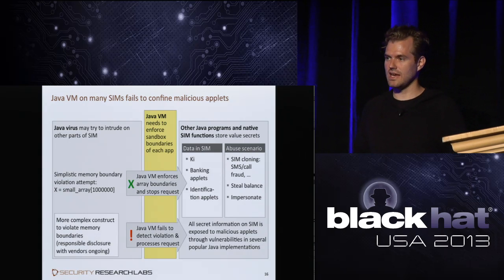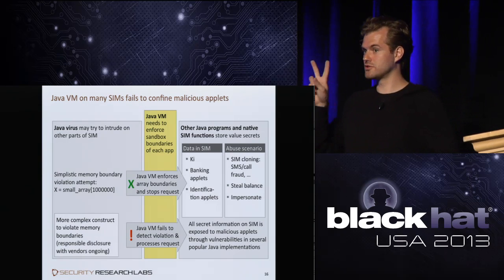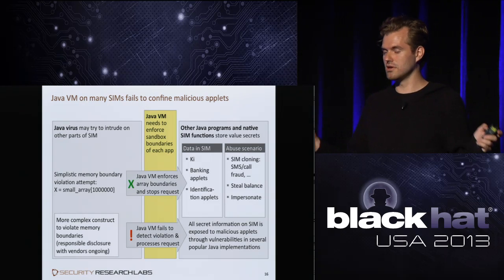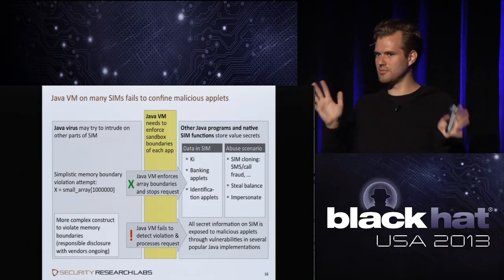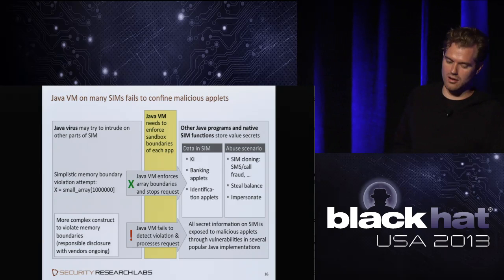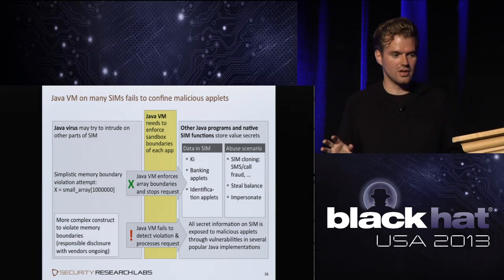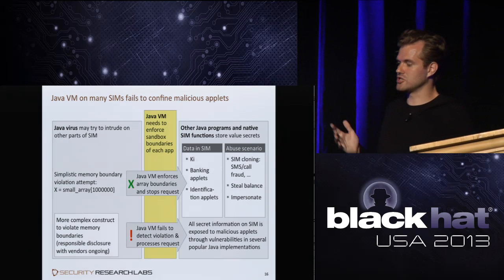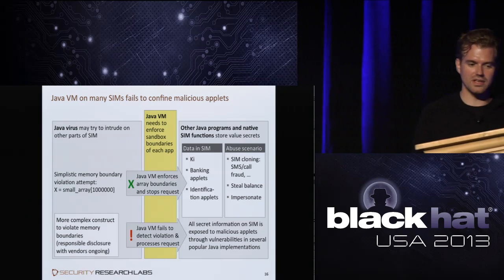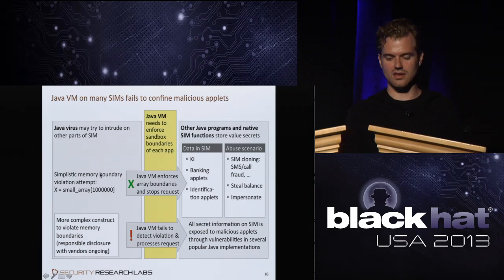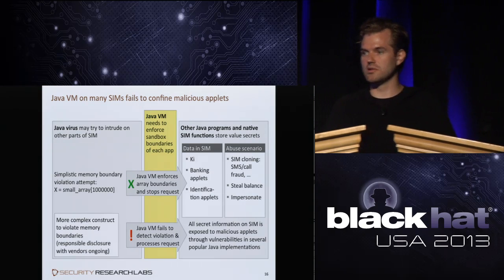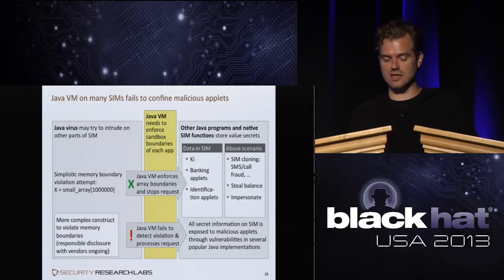And the simple cases, and now I'm talking about 2 specific Java virtual machine implementations among a whole range, but those 2 make up for 80% of the market share or something. So in those two Java VMs, those boundaries are checked in simple cases, like the one here. You have a small array and you give it a long integer as a pointer to the array. It will tell you you are out of bounds, exception.